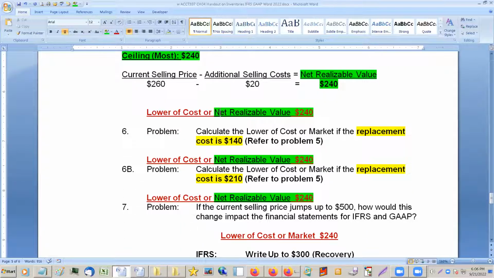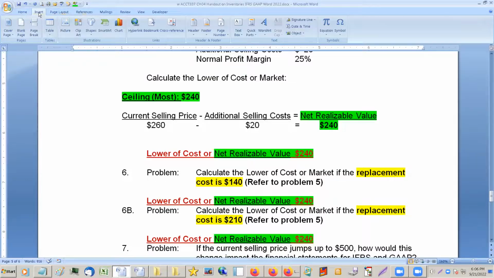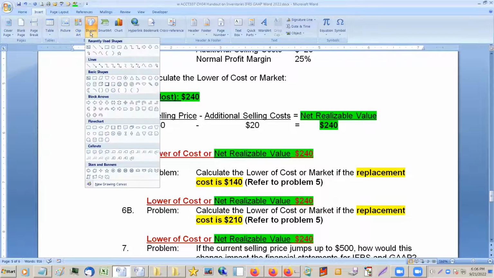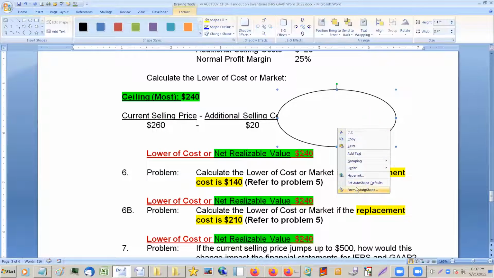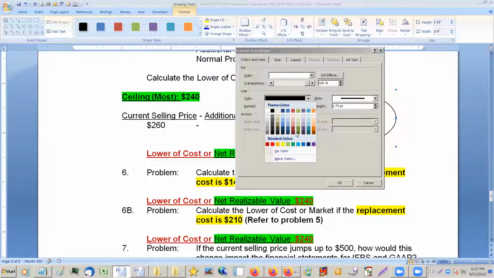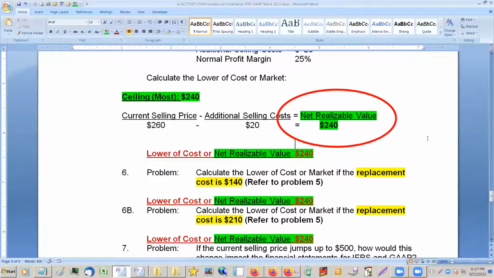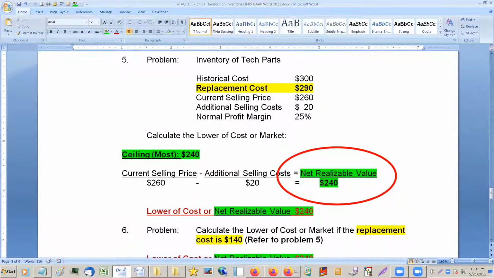So this is the only relevant number we need when it comes to writing it down. So that's the lower of cost or market if the market is lower.